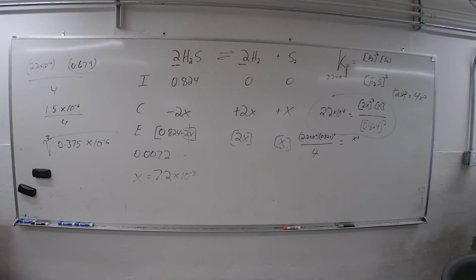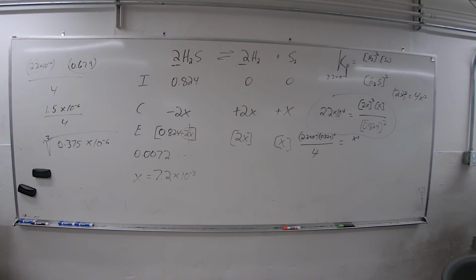Spreadsheet. 7 times L7. That's the numerator, it's that divided by 4. It's supposed to be a cube root. Yeah, 0.72 should be what it is.